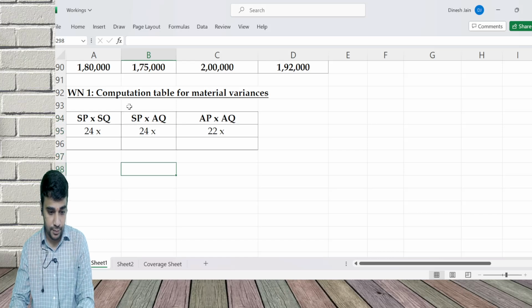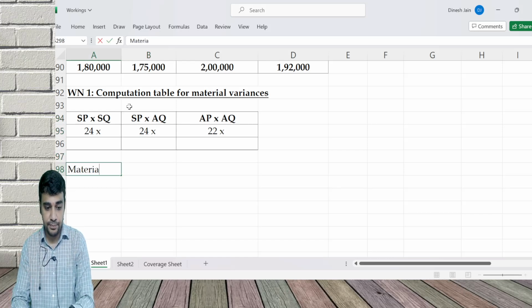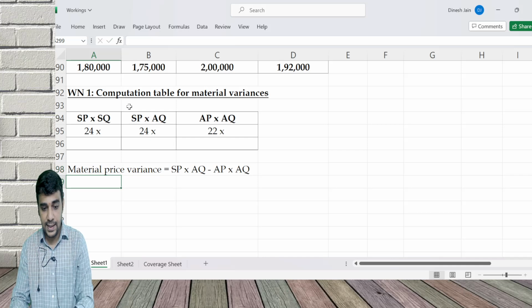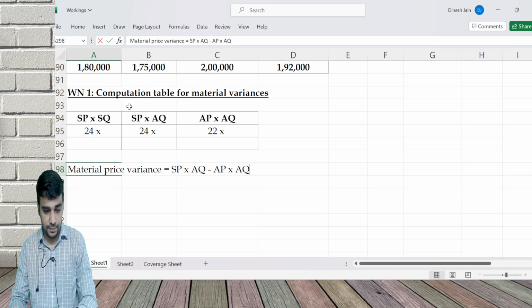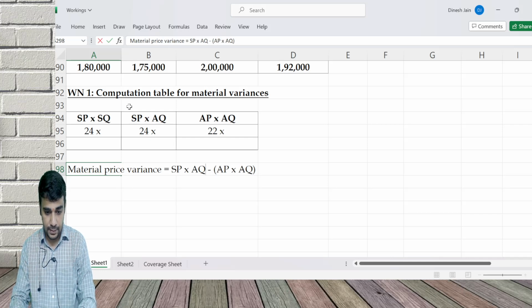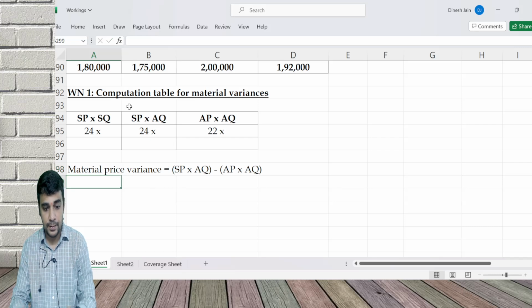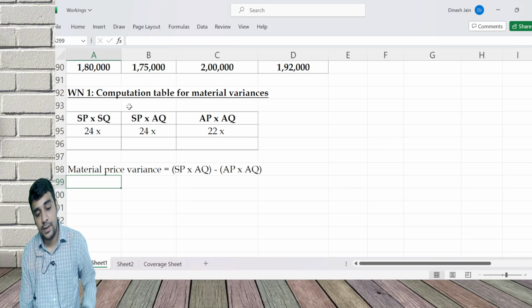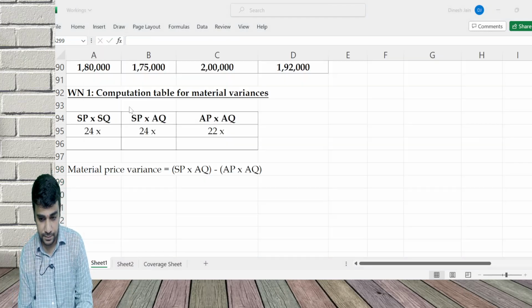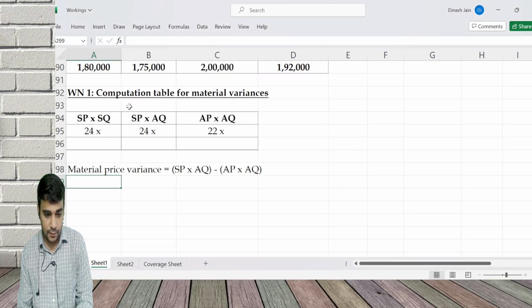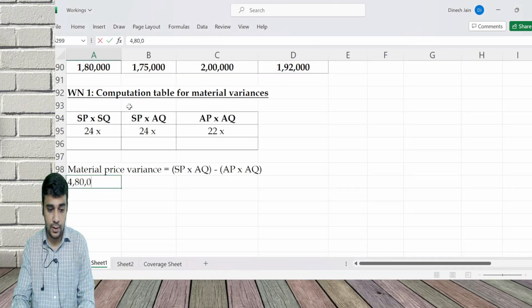Come down. Material price variance is equal to SP into AQ minus AP into AQ. How much is the material price variance given? 4,80,000.